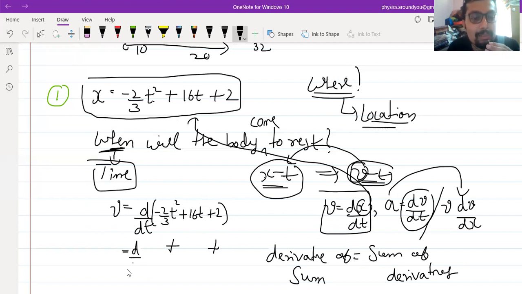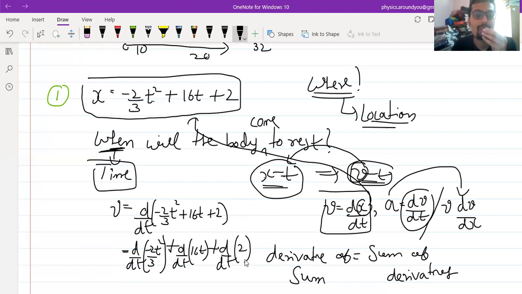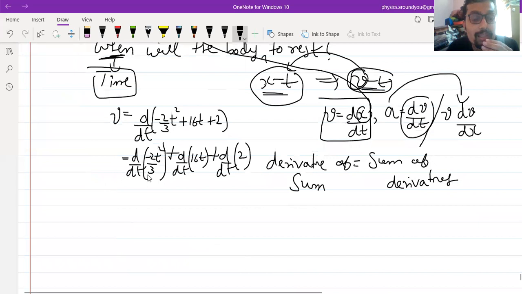So what is it? d by dt of minus 2/3 t square plus d by dt of 16t plus d by dt of what is left now? 2. Now minus 2/3 is a constant, so it comes outside the brackets.